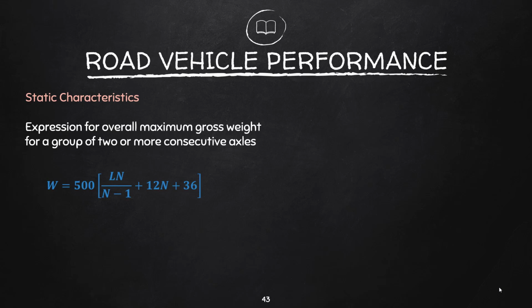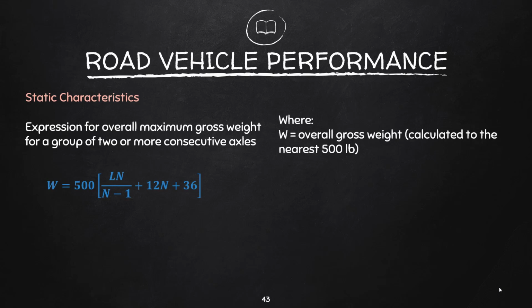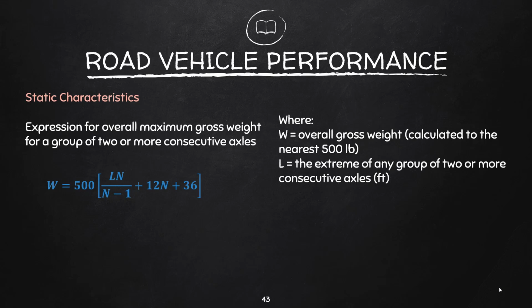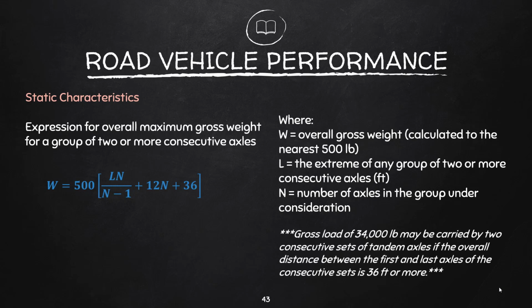This is the formula that they use, where W is the overall gross weight, L is the extreme of any group of two or more consecutive axles, N is the number of axles in the group under consideration, and the gross load of 34,000 pounds may be carried by two consecutive sets of tandem axles if the overall distance between the first and last axles of the consecutive sets is 36 feet or more. So we will not be going over this. I just gave you a preview of this one.